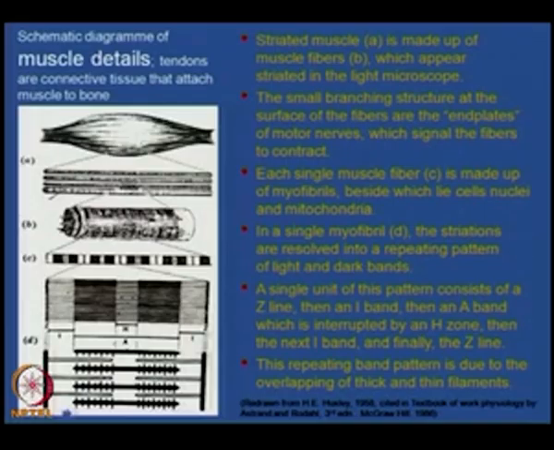Now, we will see the muscle structure. Most of the body muscles are called striated muscles. Why it is called so, that we will discuss now. Now, this is a schematic diagram of muscle.